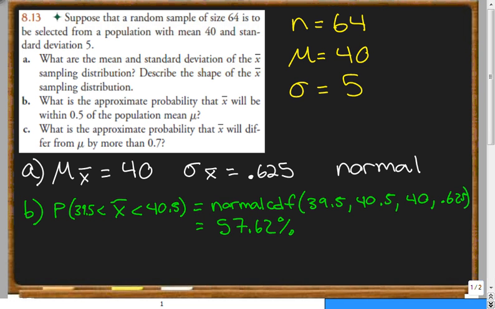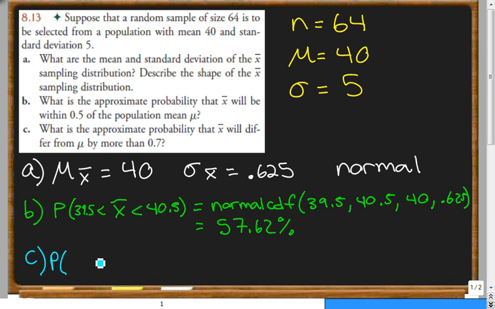And lastly, it says, what is the approximate probability that X bar will differ from the mean by more than 0.7? This is a little different, right? It's on the outside.